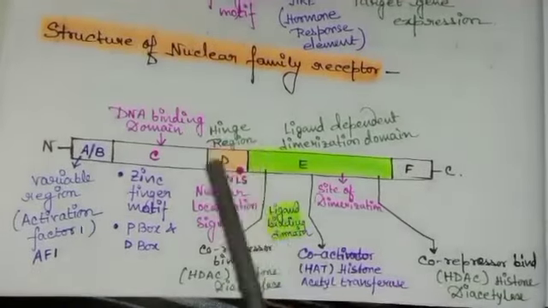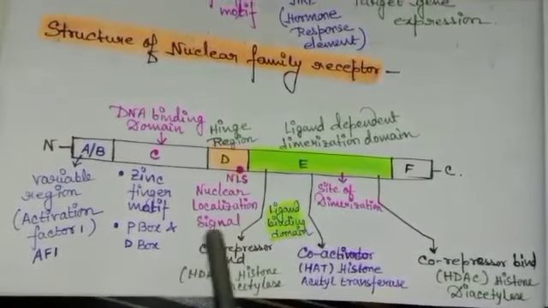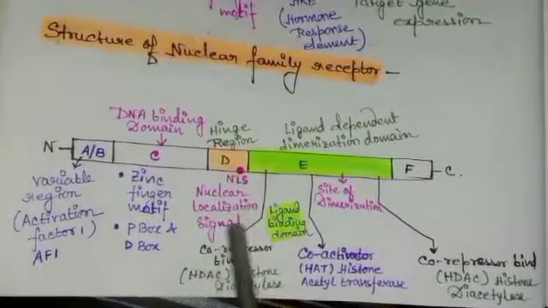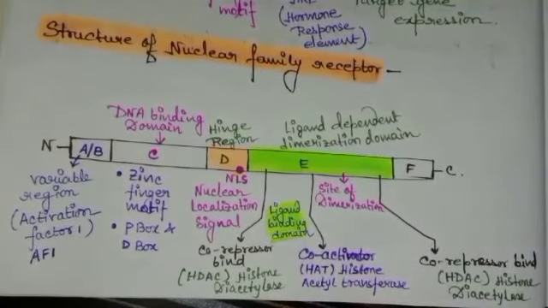The D domain has the hinge region and NLS, the nuclear localization signal. So what is a nuclear localization signal? A nuclear localization signal is an amino acid sequence that tags a protein synthesized in the cytosol, and the protein is imported to the nucleus by nuclear transport.